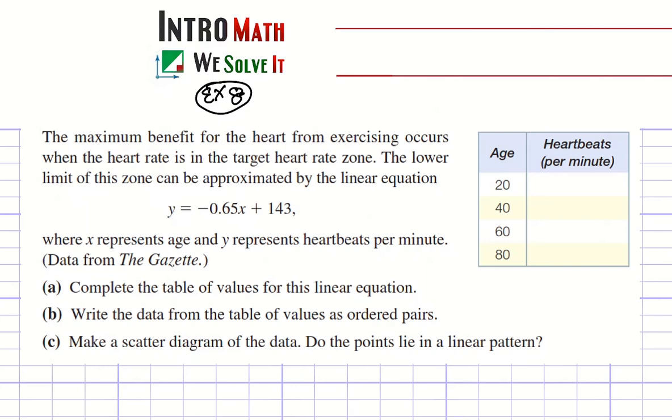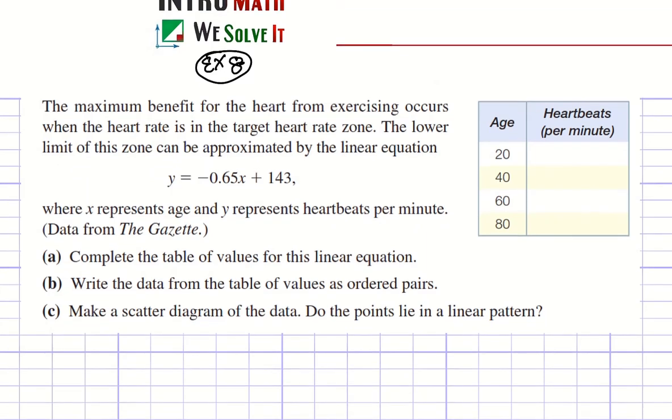They want you to complete the table of values. So what does that mean? It's actually not that difficult. I'll show you. What that is saying is, we have age, because you see, x represents age and y represents heartbeat.